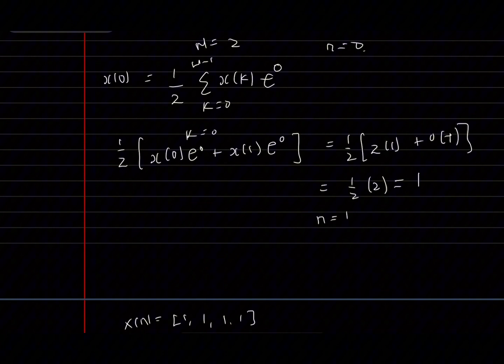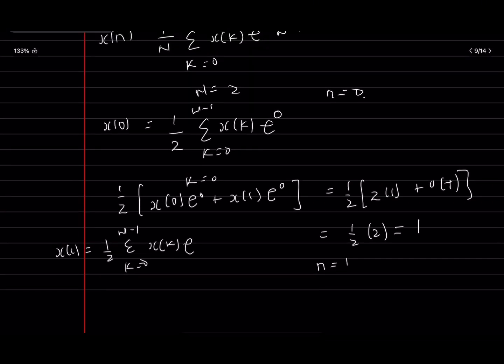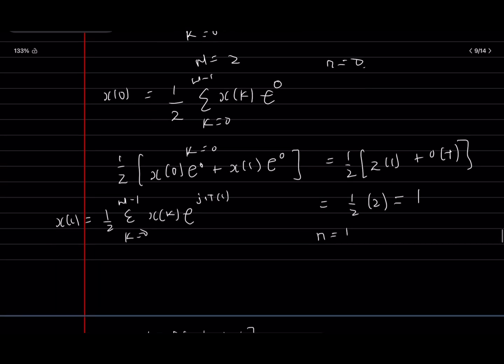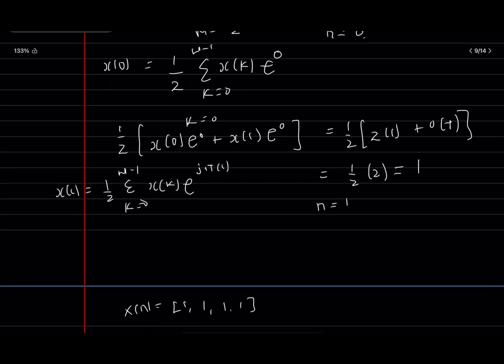Let's take the point at which n is equal to 1. If n is equal to 1, we get x of 1 equal to 1 over 2 summation of k equal to 0 to N minus 1, X of k exponent, and since n is 1, we get j pi multiplied by k.